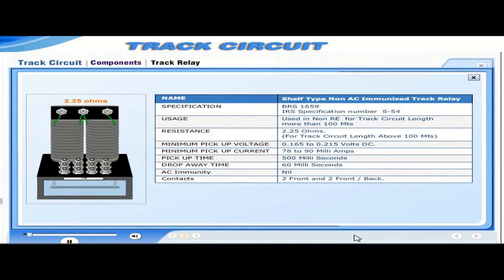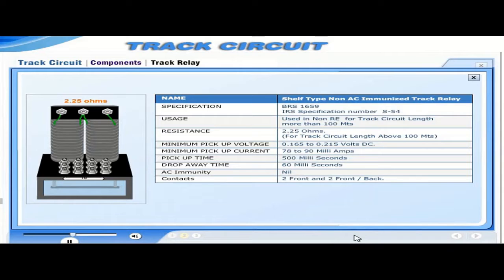Shelf type non-AC immunized track relay specification. BRS specification number 1659, IRS specification number S54, is used in non-RE area for track circuit length more than 100 meters. Resistance is 2.25 ohms for track circuit length above 100 meters.